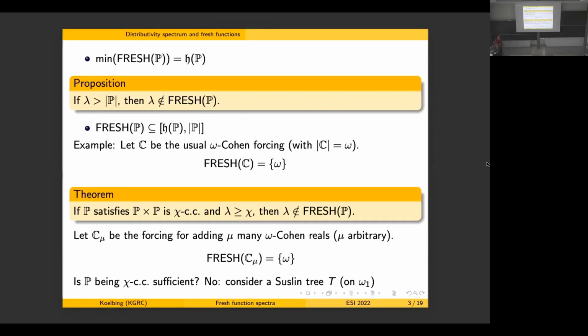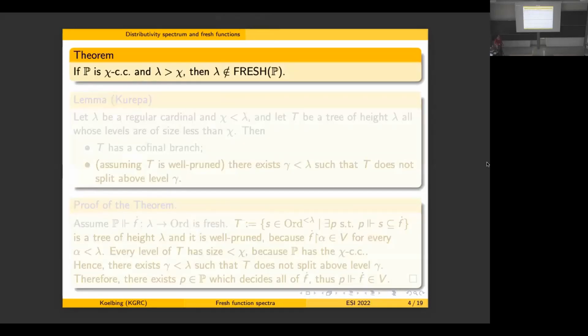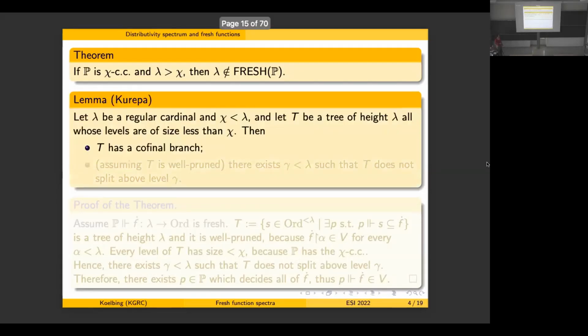But we can almost do as well. We just lose the kappa itself here. We can show that if the forcing has the kappa-c.c. and lambda is strictly above kappa, then lambda is not in the fresh function spectrum. The proof of this is based on a lemma by Koelbing about thin trees.